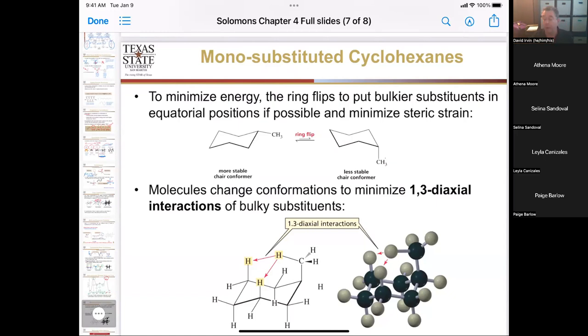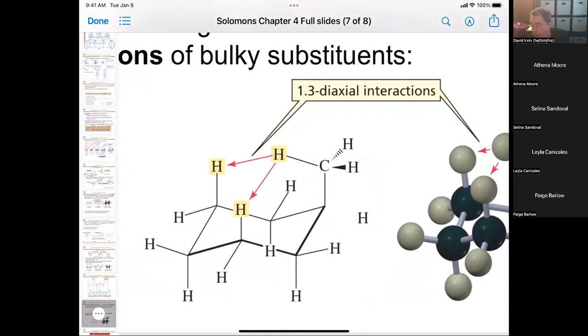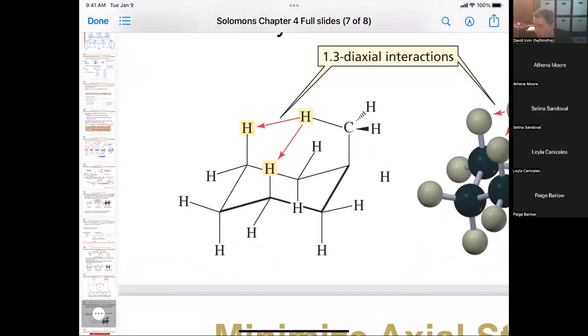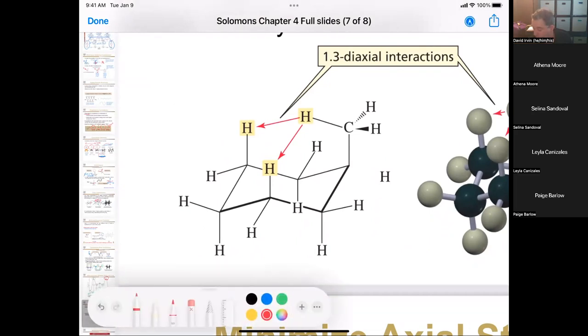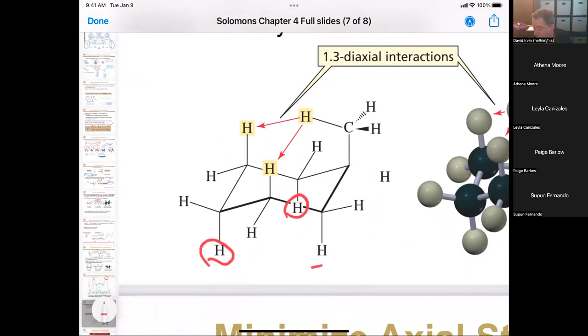When we look at our chair conformation here, and we have our hydrogen here, and our hydrogen here, and our hydrogen here, all three of those are in the axial position.